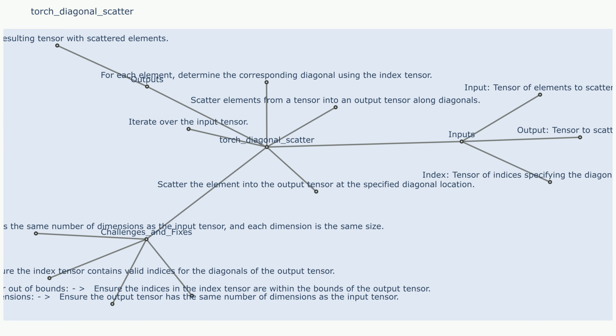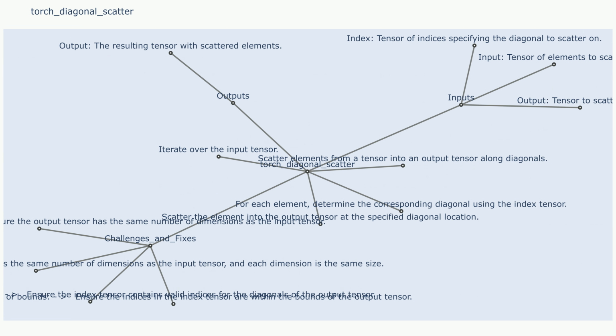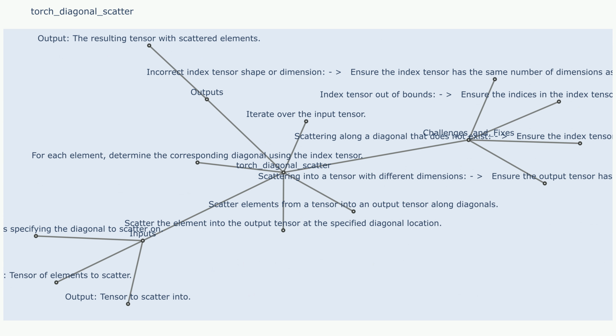This tensor should have the same shape as the output tensor, except for the dimension along which scattering occurs. Indices: a tensor of indices indicating the positions of the diagonal elements to be scattered. This tensor has the same shape as the output tensor's diagonal. Each element of indices represents the row and column indices of the diagonal elements in the output.